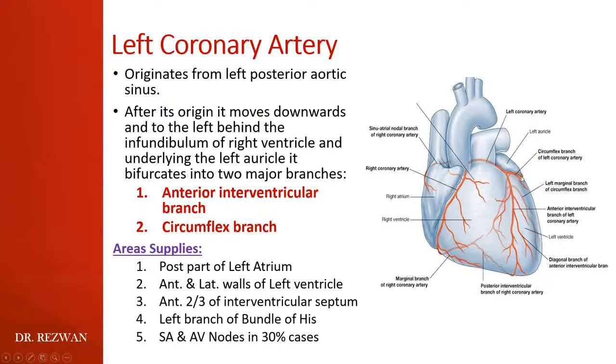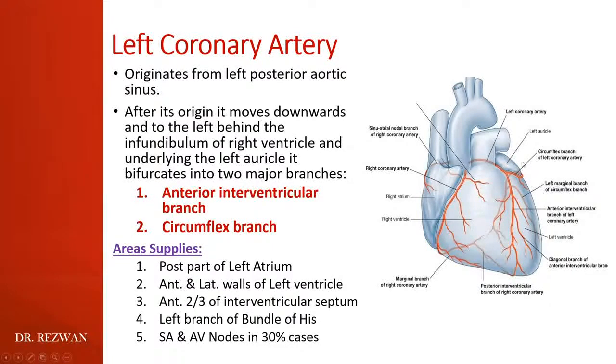Actually the circumflex one will follow the same course like the right coronary artery. It will go to the left border and into the atrioventricular groove and reach the diaphragmatic surface, where it will anastomose with the right coronary artery directly at the crux of the heart, as I have told you before.